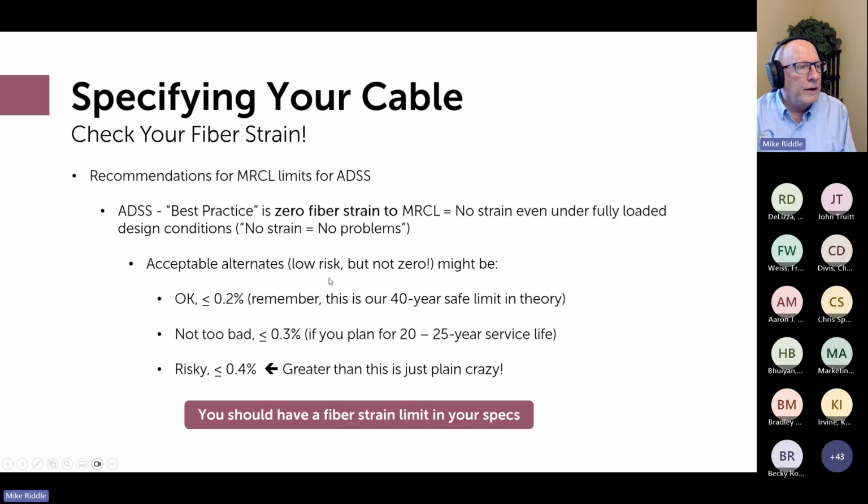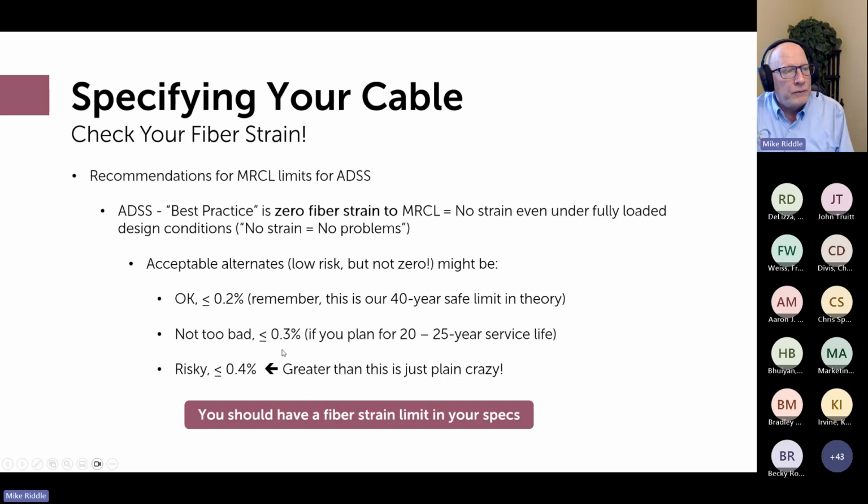You're increasing risk a little bit, but it's not zero is the point here. So I would be okay with 0.2%. Remember, that was our 40-year safe limit in theory.